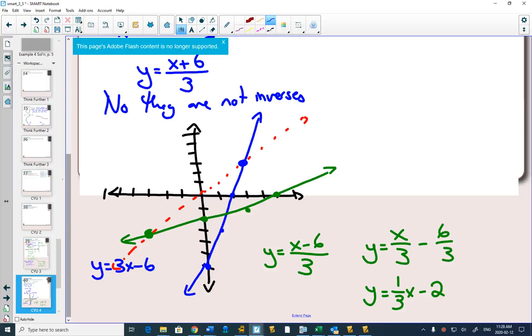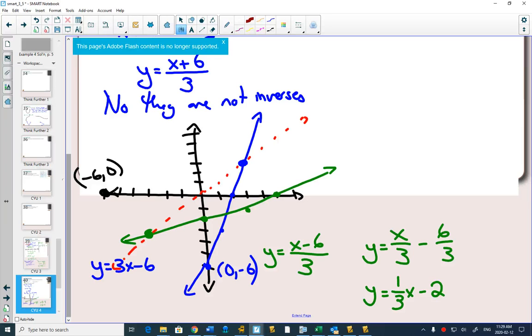You could also look at points, right? Like this point has 0, -6. But if you switched them, -6, 0 is over there. That's not on the green one. That would have to happen if they were inverses, right? The blue one, if you reflect it over that line, would be here. So there's a number of ways that we can look at the graphs and say they're not inverses.